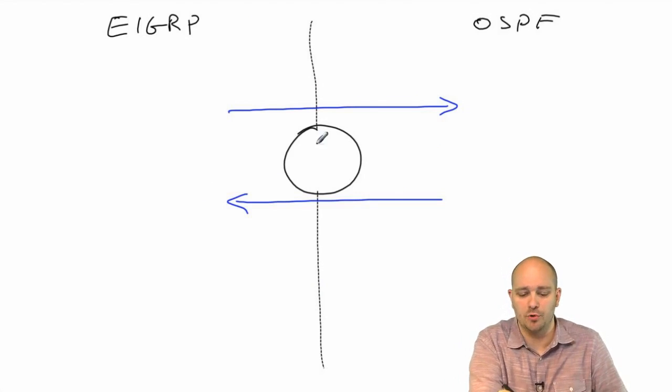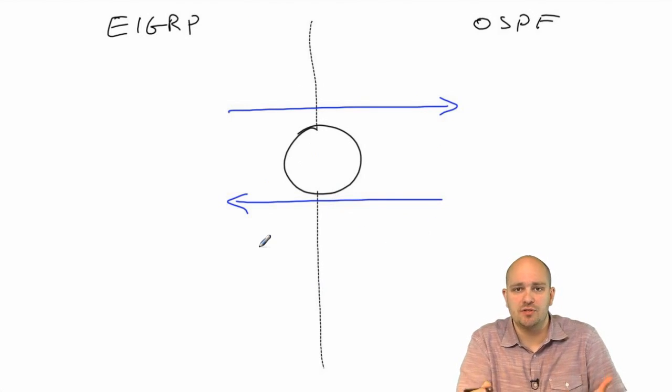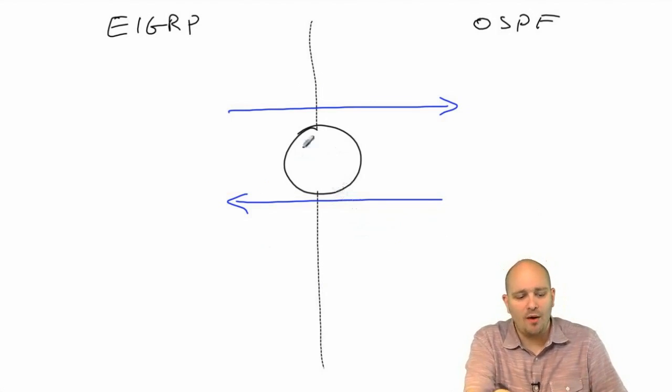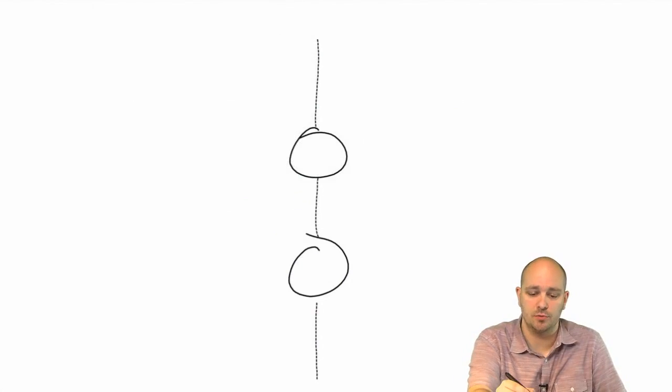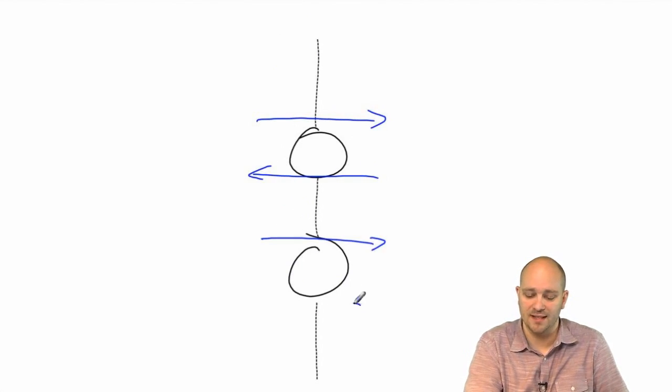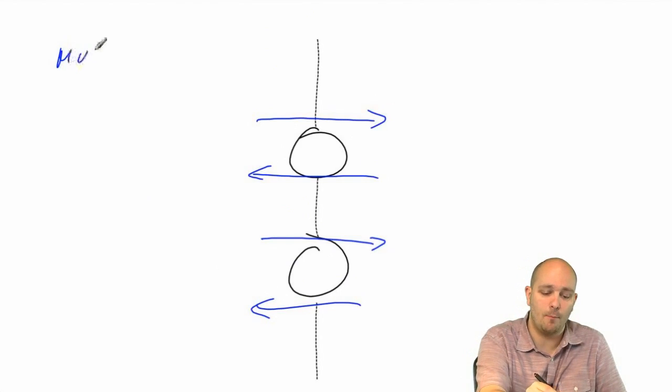When we have a single point mutual redistribution, really there is nothing important that we have to worry about other than configuring the redistribution properly. However, if we had two routing domains with multiple redistribution points between them, so let's say that we had routers that were redistributing like this, this is something that we call a multi-point mutual redistribution.